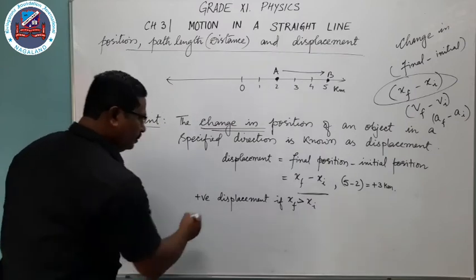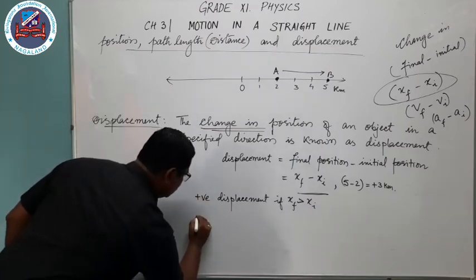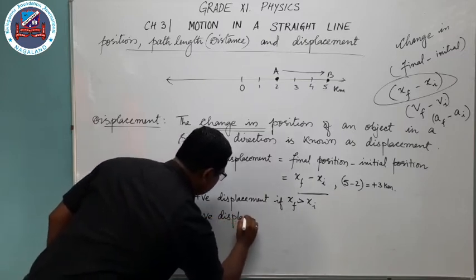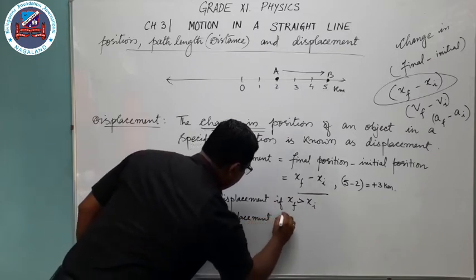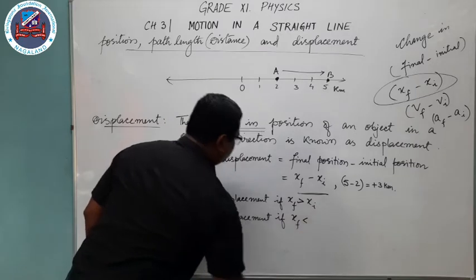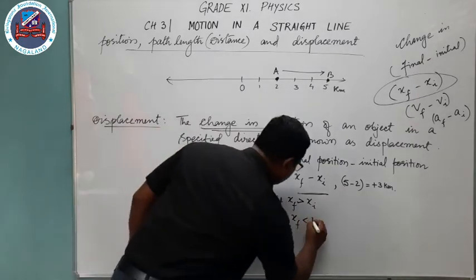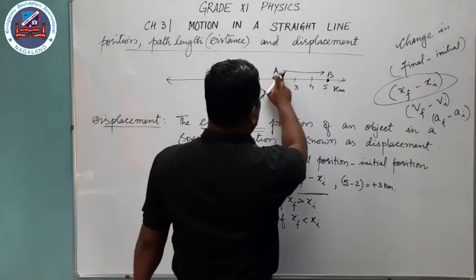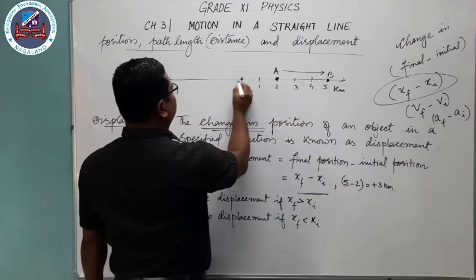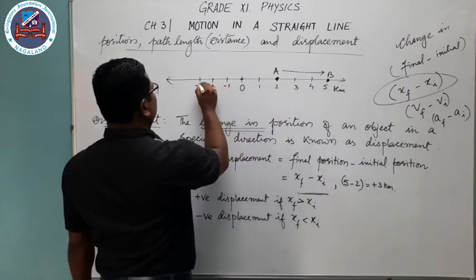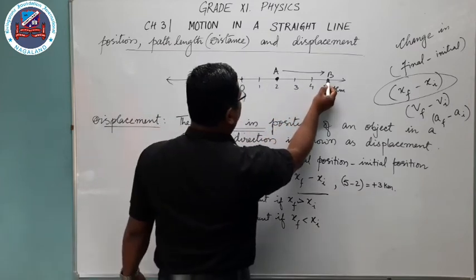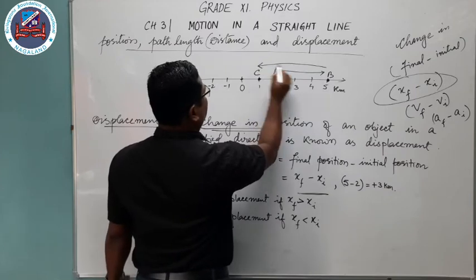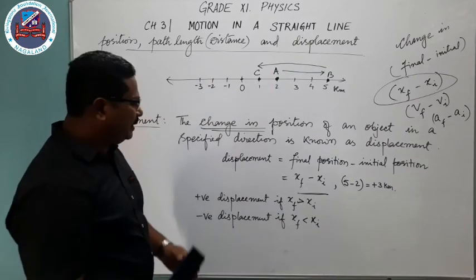Displacement can be 0. It can be even 0 and it can be even negative also. Let us see first negative displacement. If xf is less, final position is less than initial position, then it will give us a negative displacement. Suppose the body moved from A to B. After that, it has come from B back to C, suppose here, C. Then in that case what happens?